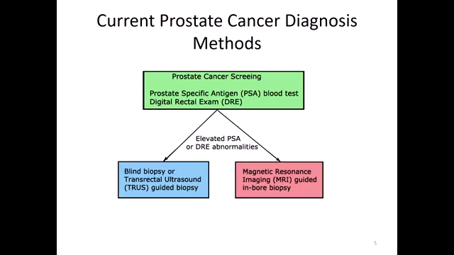Also to note that if we do get an elevated PSA level, and one of these two biopsy methods comes back negative on the follow-up, if the PSA level is still elevated, it's recommended to go right to the more accurate in-bore guided biopsy.